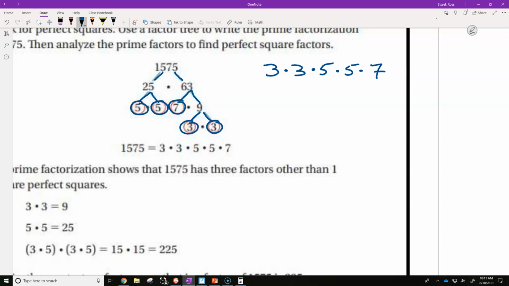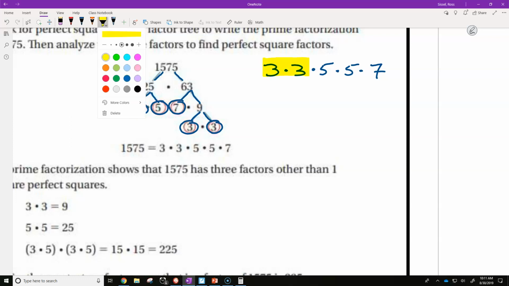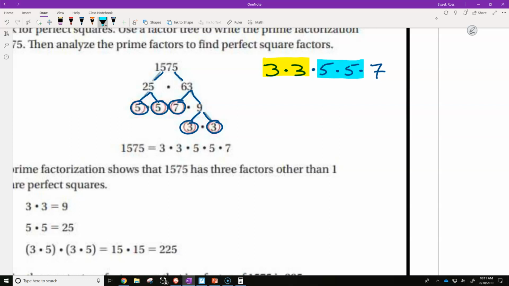First, with these prime numbers, are there any two numbers that match? Okay, there's 2 3s. And there are 2 5s. Okay? I don't care about the 7 right now. What I'm going to do is I'm going to say, what is 3 times 3 times 5 times 5?